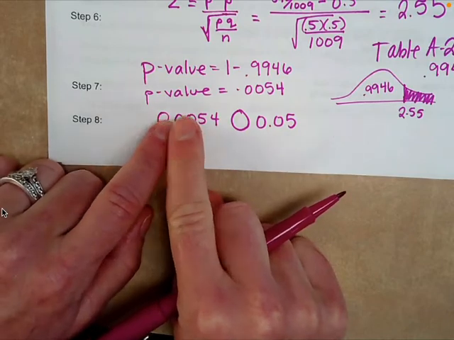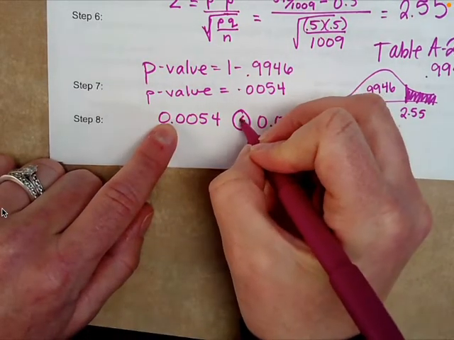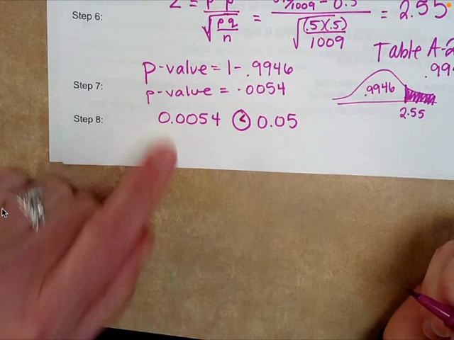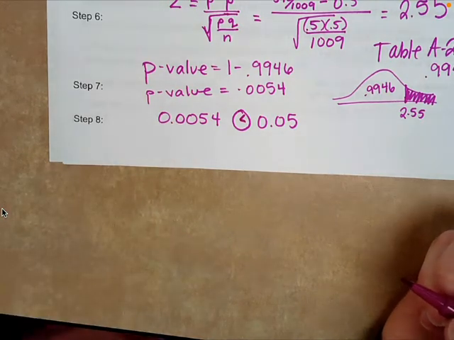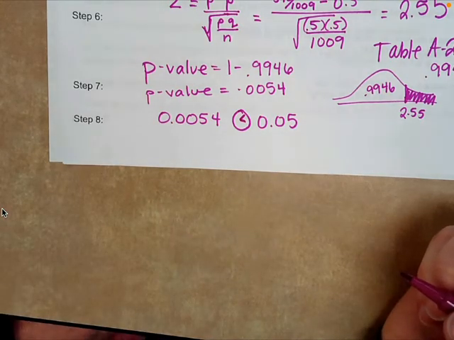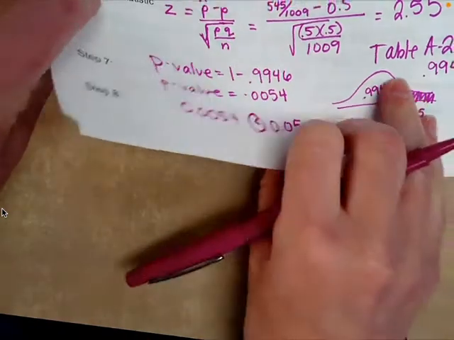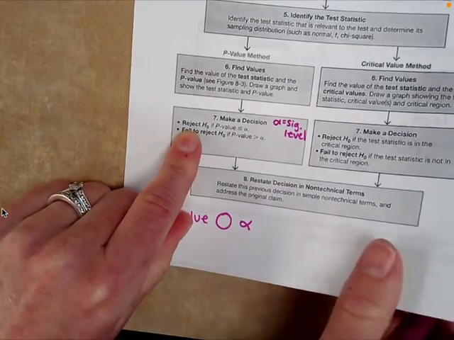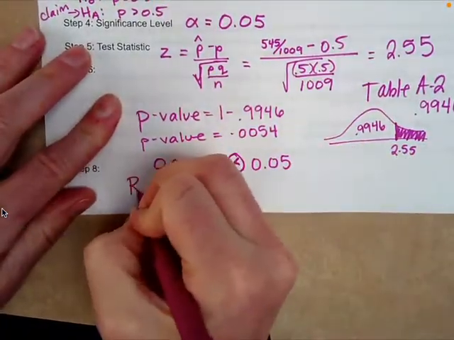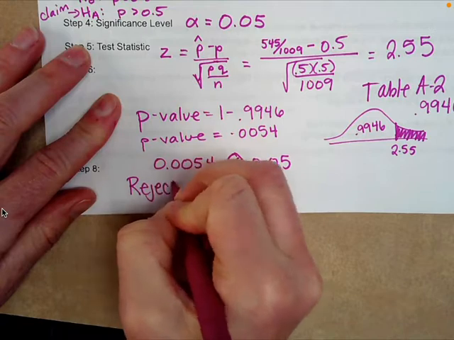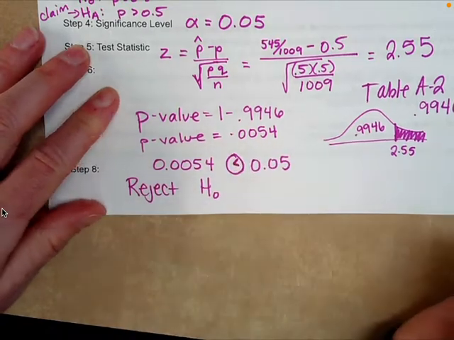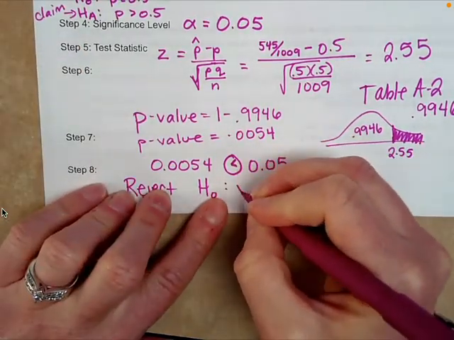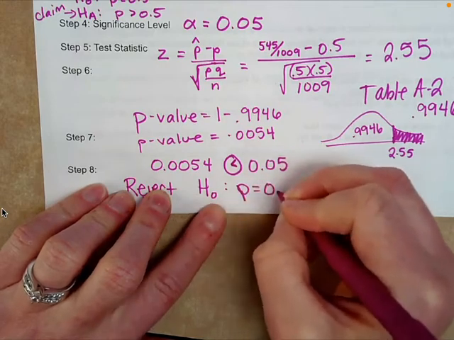This is smaller, so this is less than. So it's a smaller area. Whenever it's less than, it says reject our null. So reject H naught, which was that the p was equal to half.